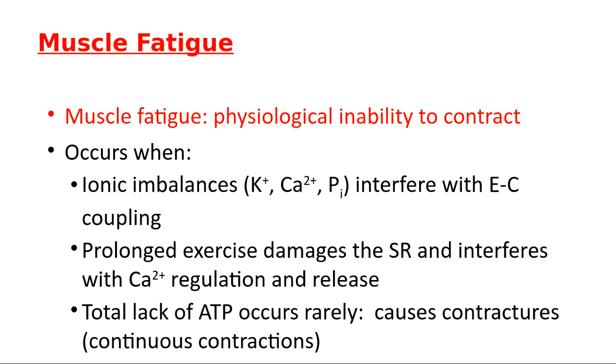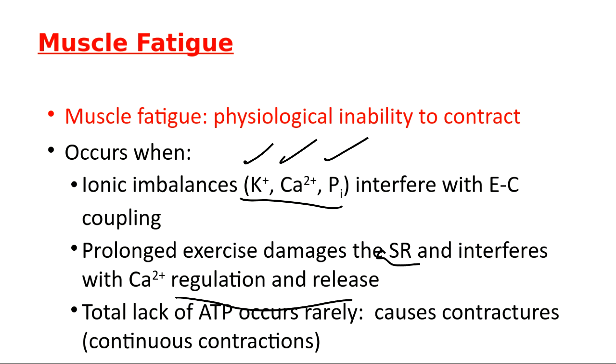Now, muscle fatigue itself is the physiological inability of the muscle to contract, and is typically due to imbalances in ions. Some of the ions needed for muscle contraction will be calcium, potassium, phosphate itself. Something else that happens during exercise, especially if it is a strenuous exercise, the sarcoplasmic reticulum is going to be damaged, and that's going to prevent the regulation of the release of calcium.